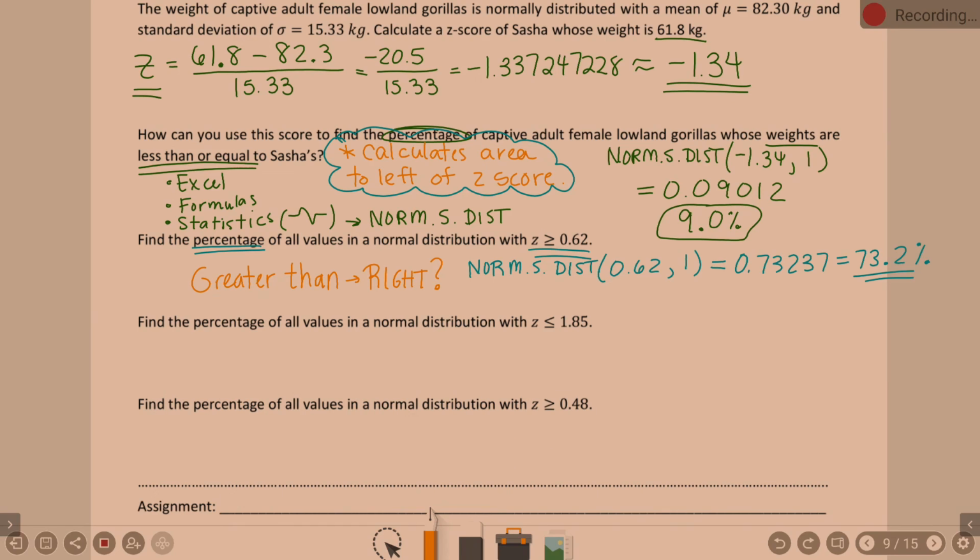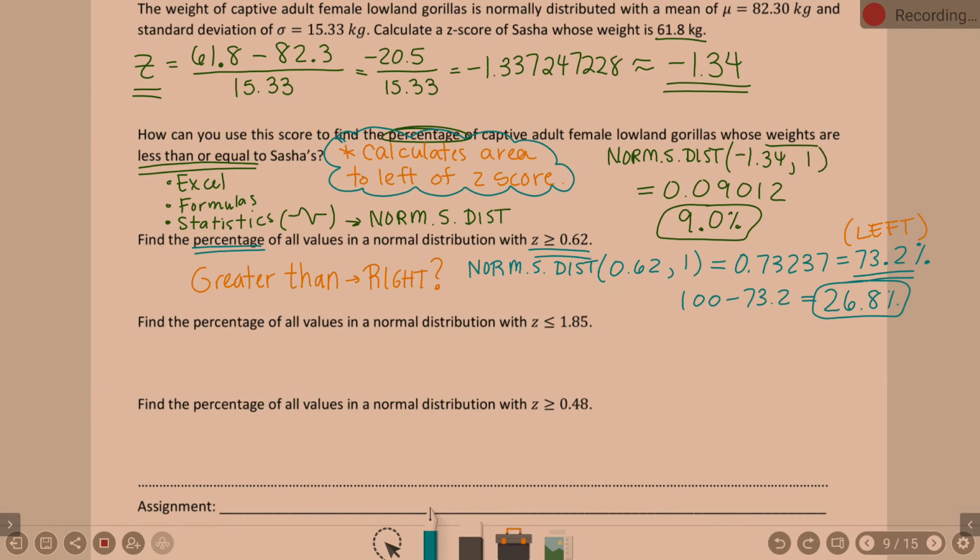So what am I going to do? Subtract my answer that I just got from 100, because this right here is to the left. We want to the right. So now I'm going to go 100 minus 73.2%, which is 26.8%. And that's right. And that's your answer.